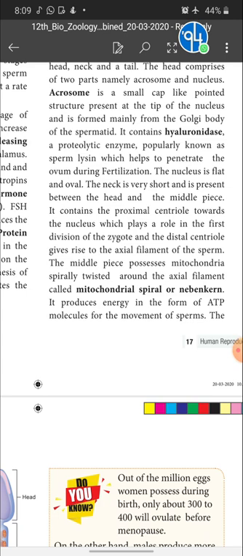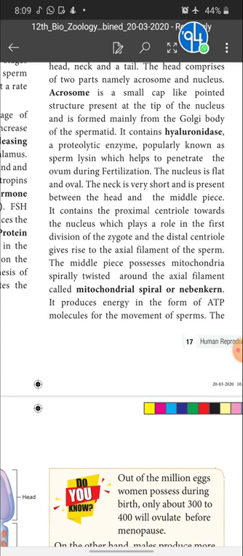It consists of the proximal centriole towards the nucleus, which plays a role in the first division of the zygote, and the distal centriole gives rise to the axial filament of the sperm. Okay, so the neck region consists of only two centrioles.